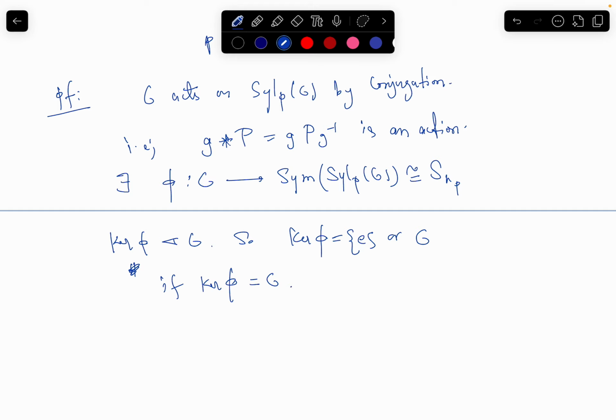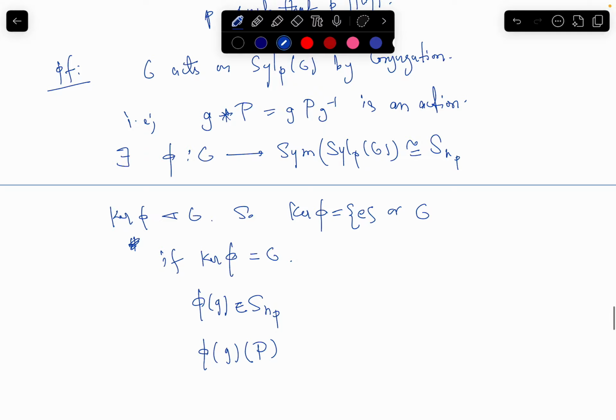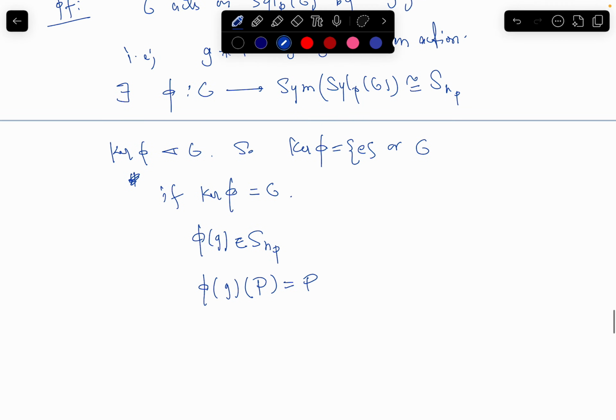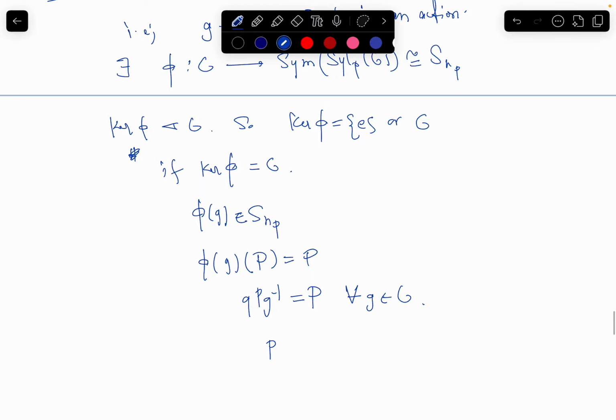That means all the elements go to the identity. So phi(g) takes any Sylow P subgroup to itself, but that is g P g inverse is P. That is true for all g in G. So P is normal.